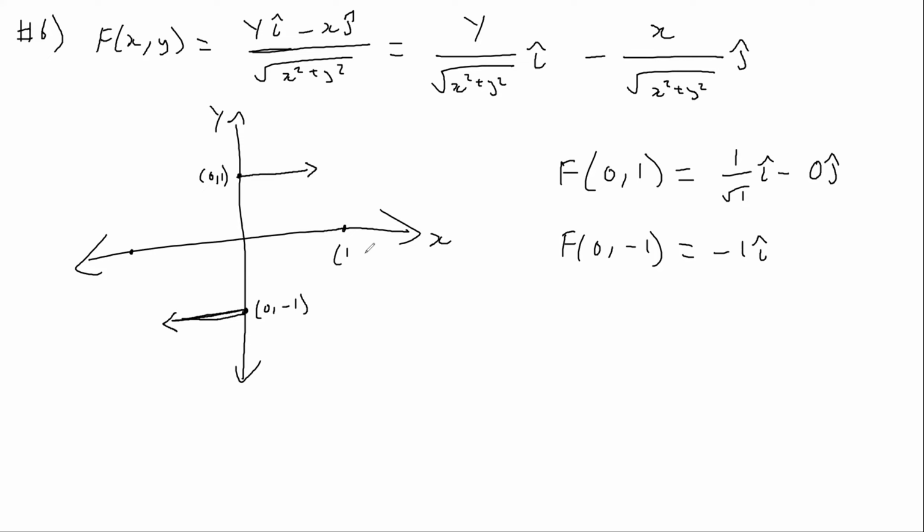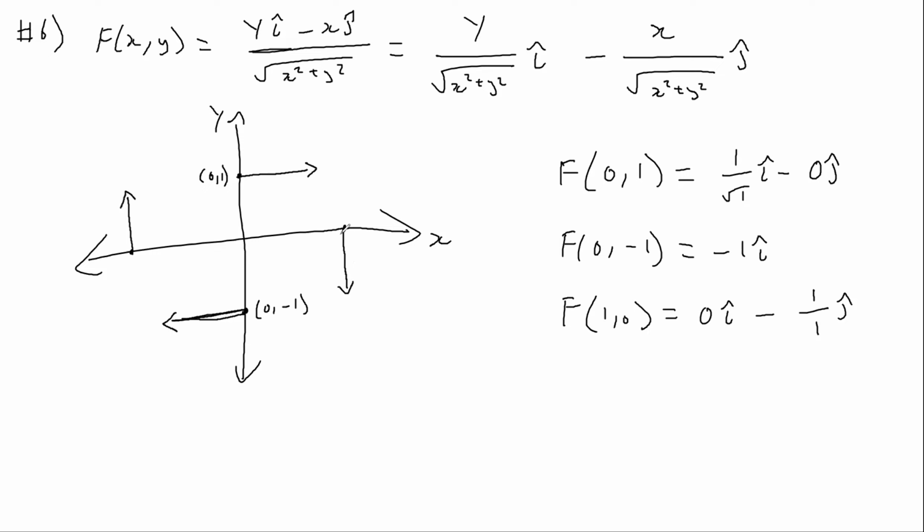For (1, 0), y is 0, so it'll be 0 i hat minus 1 over 1 j hat, pointing downward.